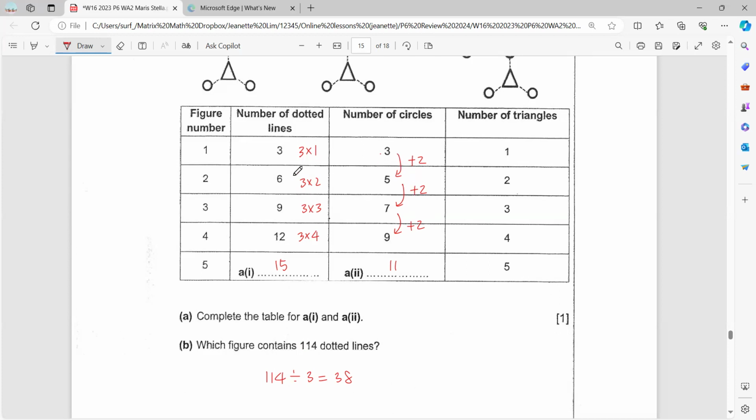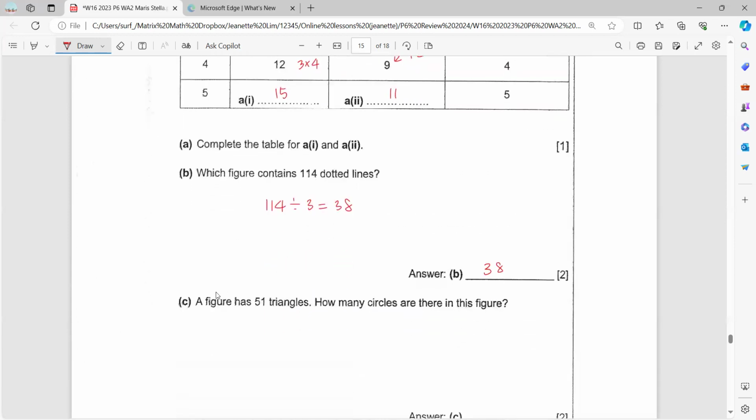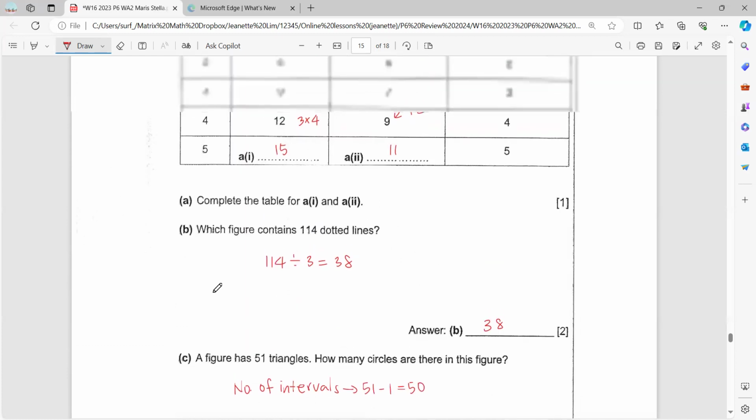What I mean by that, for example, figure 2, there's only one interval. You're only adding it once. Figure 3, there are 2 intervals. You're adding 2 twice. Figure 4, there are 3 intervals, and so on. So figure 51, there will be 50 intervals. So what we do is we write down number of intervals: 51 minus 1, which is 50. Every interval you add 2, right?